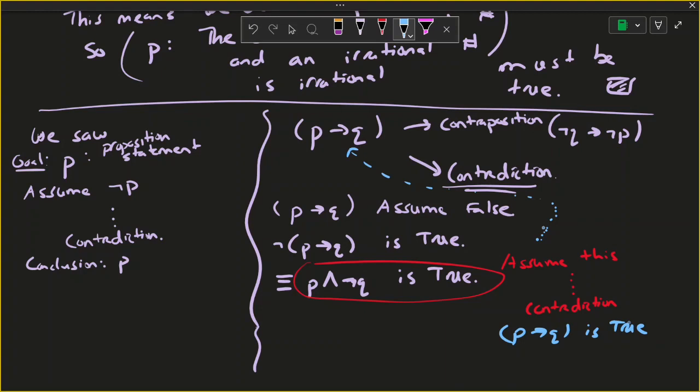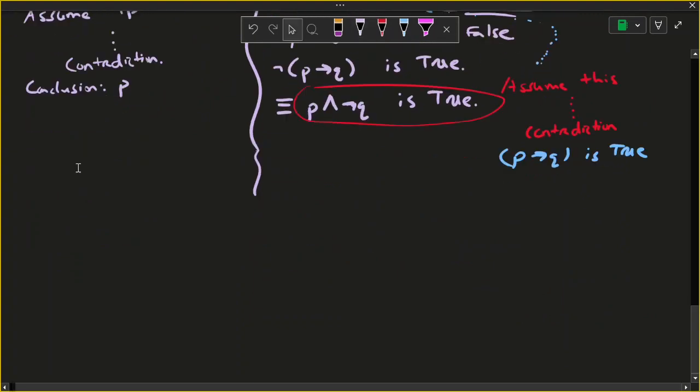So it has that same structure: assuming the opposite, getting to a contradiction, then going back to the very top. It's just a little different because we have the if P then Q structure instead of just the proposition P. So let's see an example.